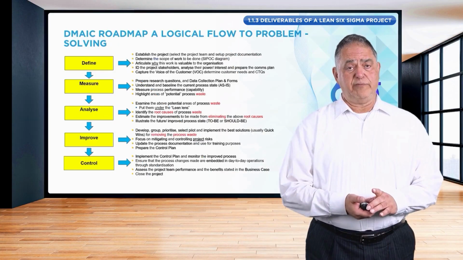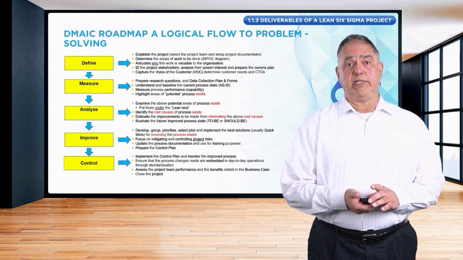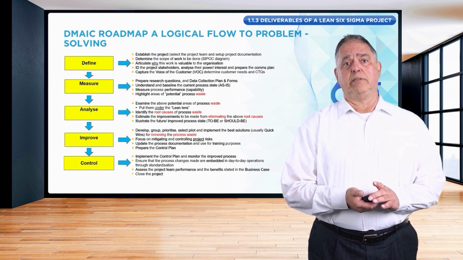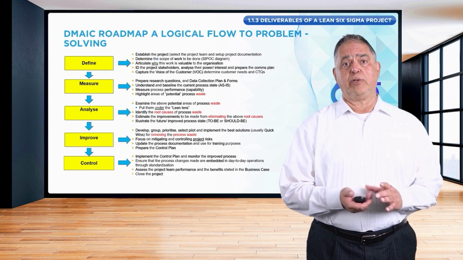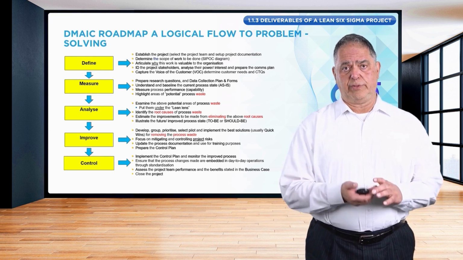The data collection forms are supporting documents to the data collection plan. And this is where the data collectors are recording the data that is collected in order to answer the research questions.